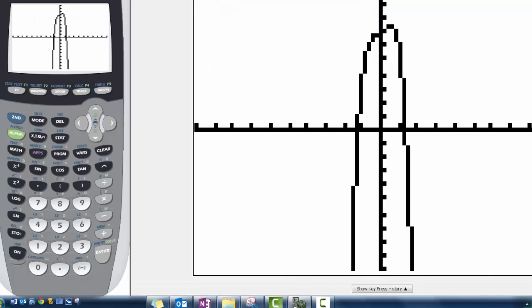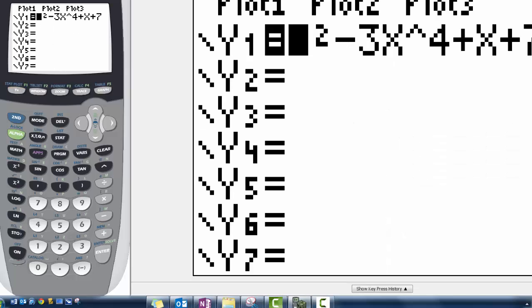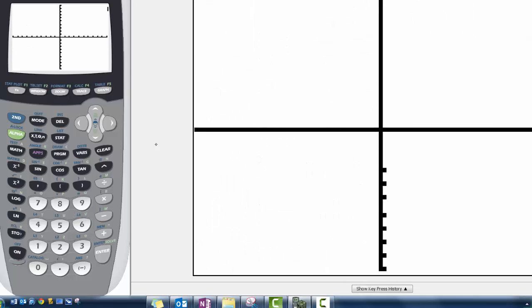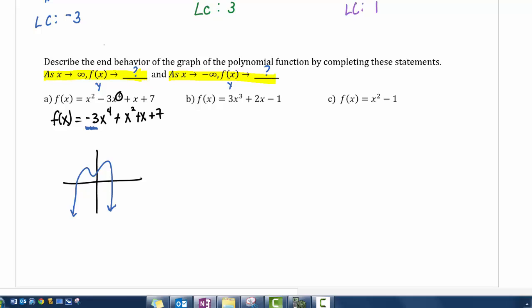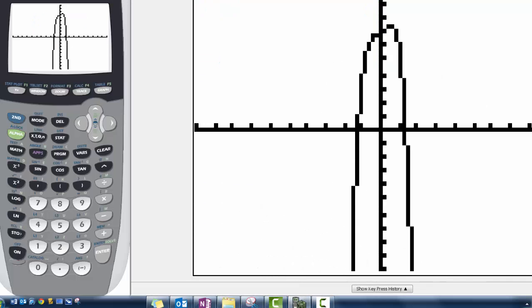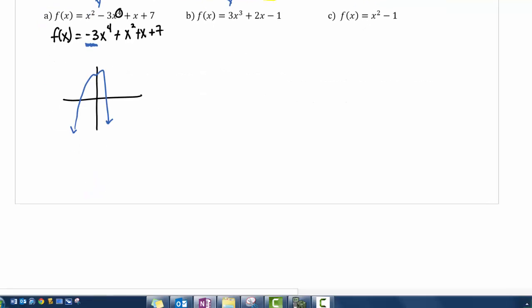But if you go to your calculator and type this into y equals, I would go to zoom 6, just in case you have a strange window going on, your function doesn't have quite as big of a dip for that W shape, and that's okay. You could draw it a little bit more accurately, but all we really care about is the end behavior. So as long as we know where the ends are supposed to go, and in this case they're clearly going down forever, we can come up with our end behavior.